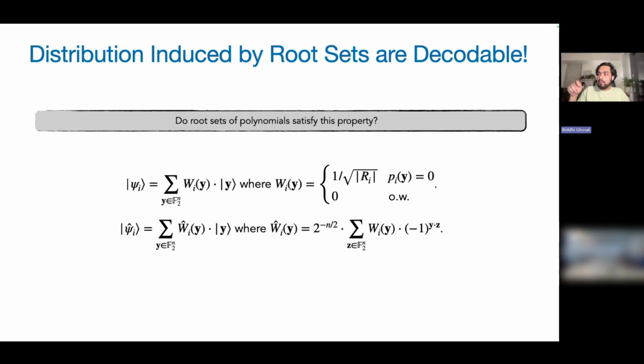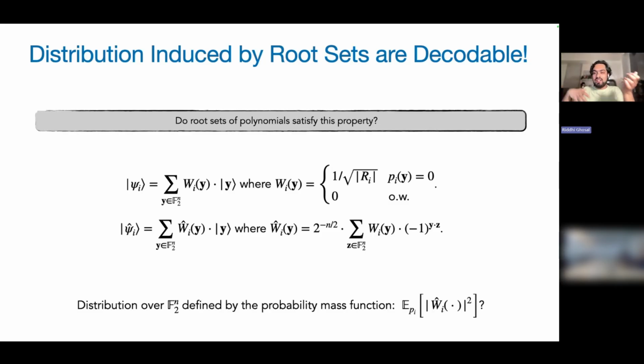So w_i hat has a normalization factor, and then you get the usual term that pops up. In the Fourier domain, what is the probability of observing a particular point y? It's the expected value of w_i hat squared. That is the distribution that you expect these y's to follow.